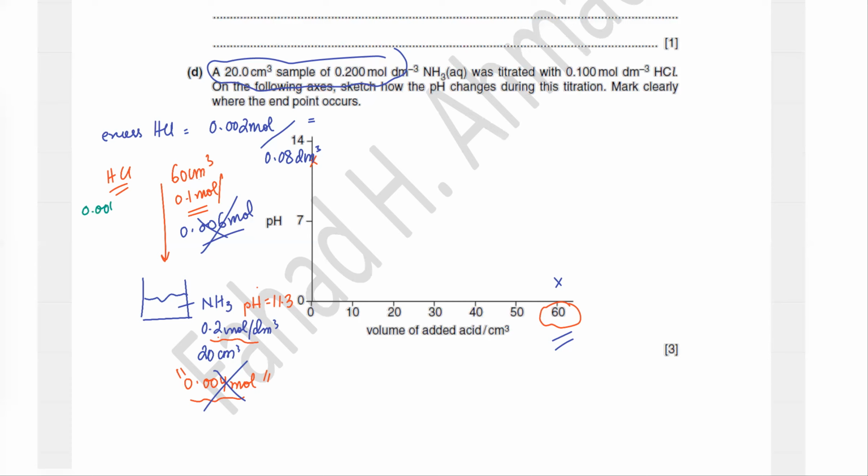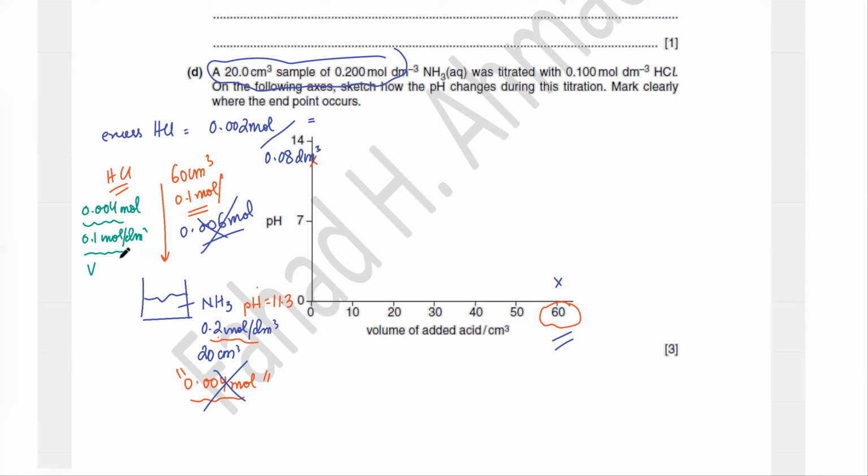You should have added 0.004 moles, right? You know the concentration as well. That's 0.1 mole per dm cube. All you need to know is the right volume now. Because at the bottom, there's 0.004 moles. You have the concentration. You can find out the volume.